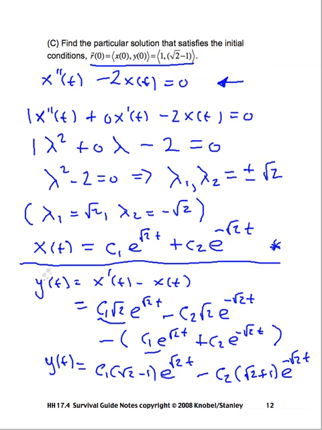Go back a page so you can see that if you plug in 0 for t in this equation right here, you're going to get e to the 0 and e to the 0, so you just get c1 plus c2. And when you evaluate y of 0, you're going to get c1 times the square root of 2 minus 1 minus c2 times the square root of 2 plus 1. So that's what you get for y of 0. And y of 0 has to equal the square root of 2 minus 1. So let's just write all that down.